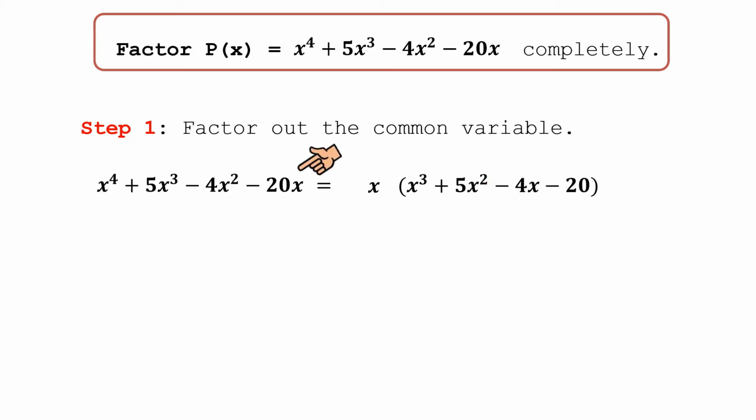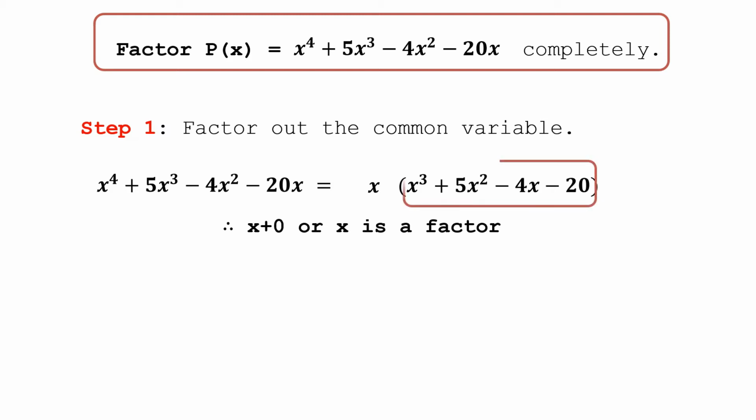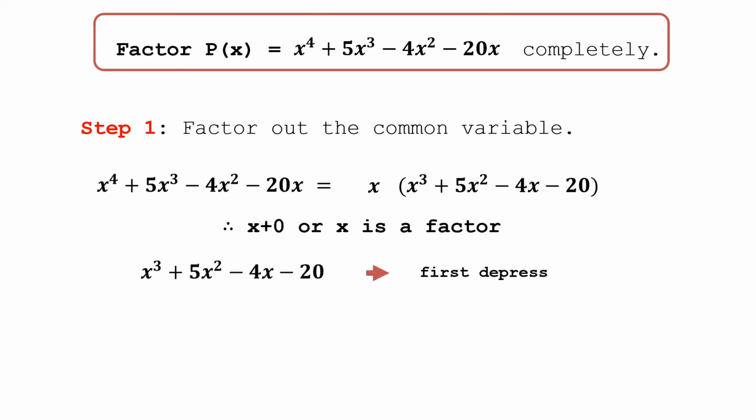And then we have negative 20x divided by x, which is equal to negative 20. Now that we were able to factor out the common variable, which is x, therefore x plus 0, or x here, is a factor. That means x cubed plus 5x squared minus 4x minus 20 is our first depressed equation.